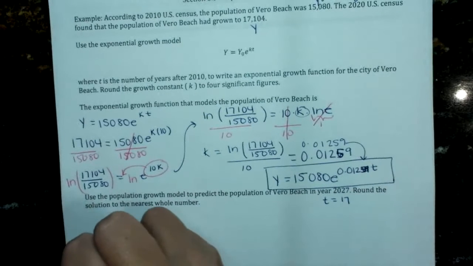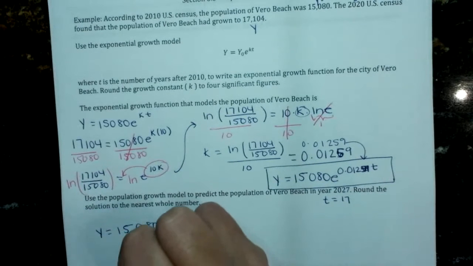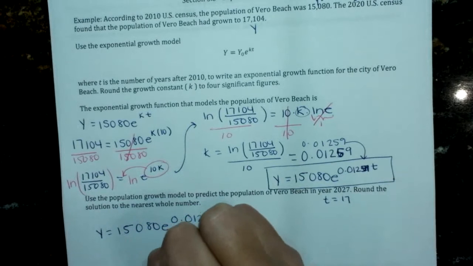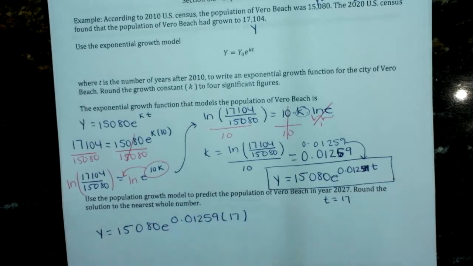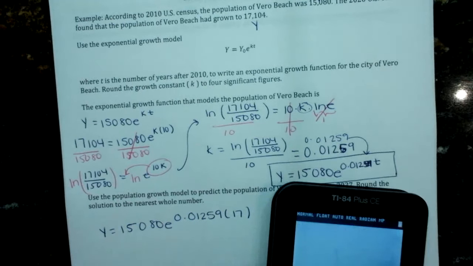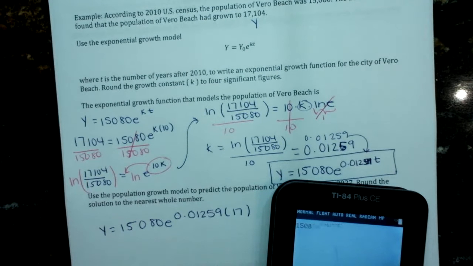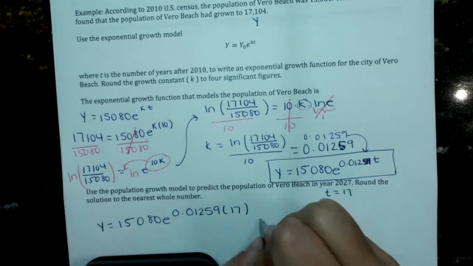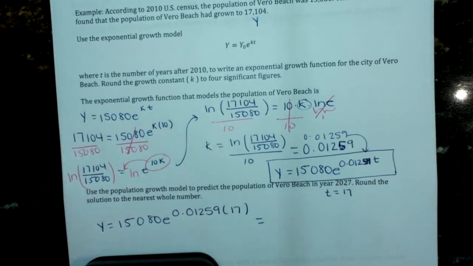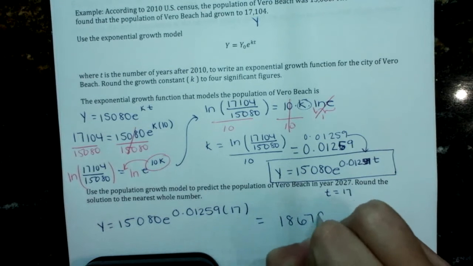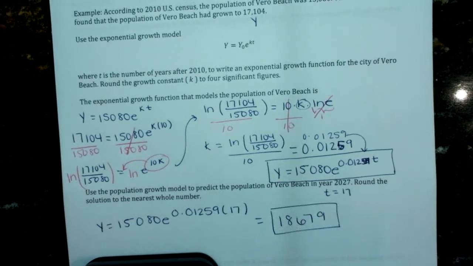So y equals 15,080 e to the 0.01259 times 17. That will give us, rounding to the nearest whole number, 18,679. So that'll be our population, 18,679.